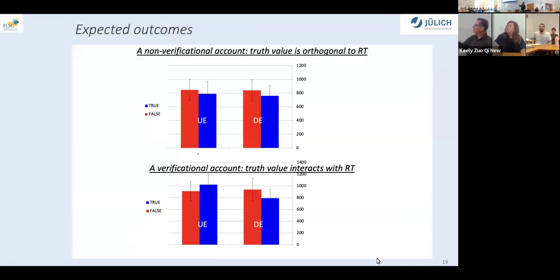So what you would expect, if truth value does interact with reaction time, is this kind of relationship, namely a higher cost of falsification than verification of an upward entailing one and lower cost of the downward entailing one. And if this account is not right, you should expect them maybe to look the same.